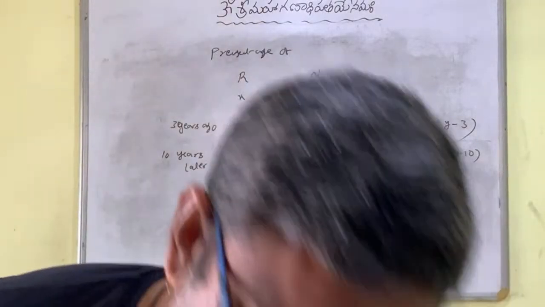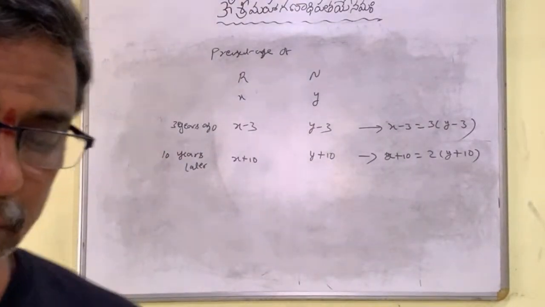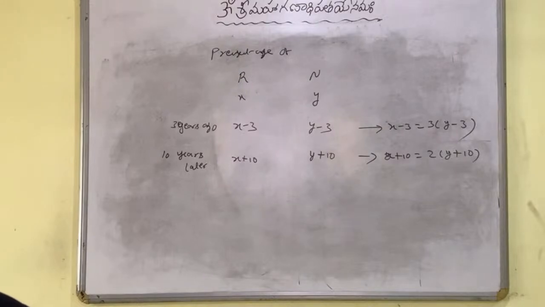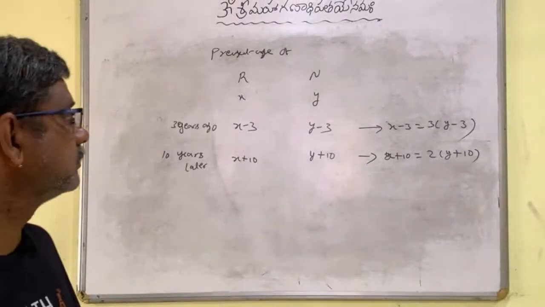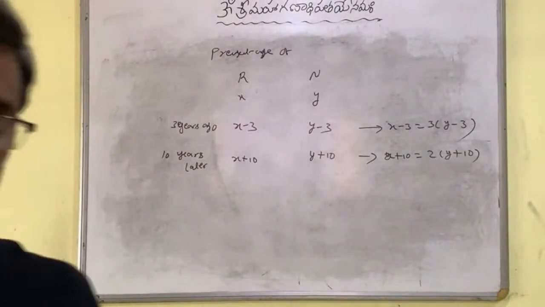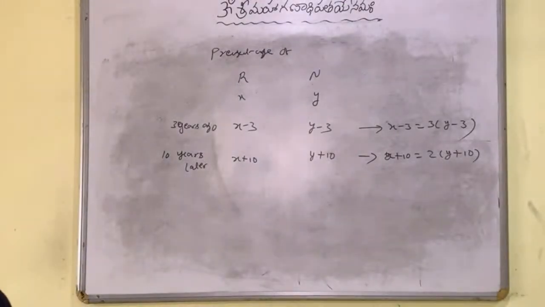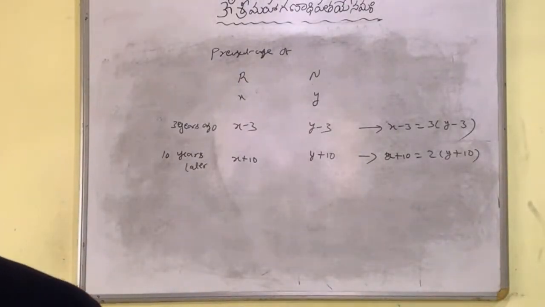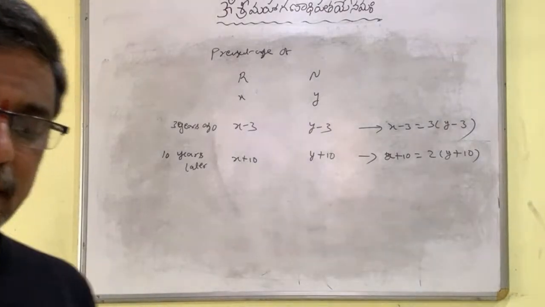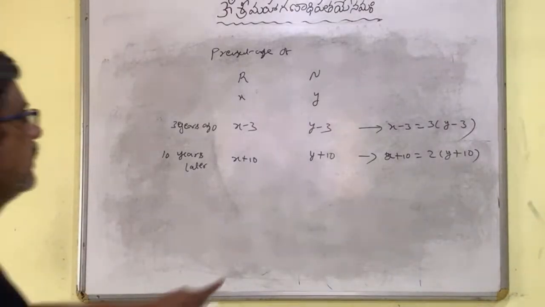Rashmi thrice as old as Nazma, so 3 of Y minus 3 equals X minus 3. 3 years ago, Rashmi was thrice as old as Nazma.